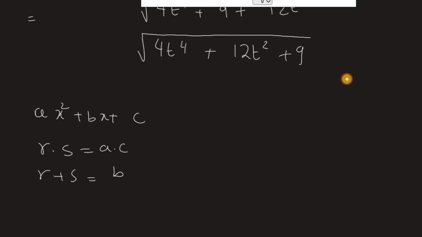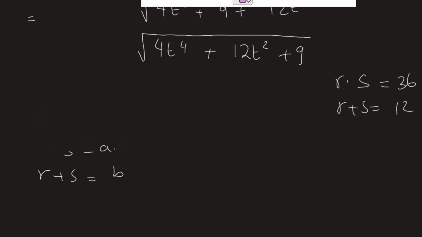We need to find r and s, these 2 numbers, such that when we multiply them, it gives us a times c, which is 4 times 9, that's 36, and when we add them, it gives us 12, which is b, right? So what are these 2 numbers, so that if we multiply them we get 36, and if we add them we get 12?